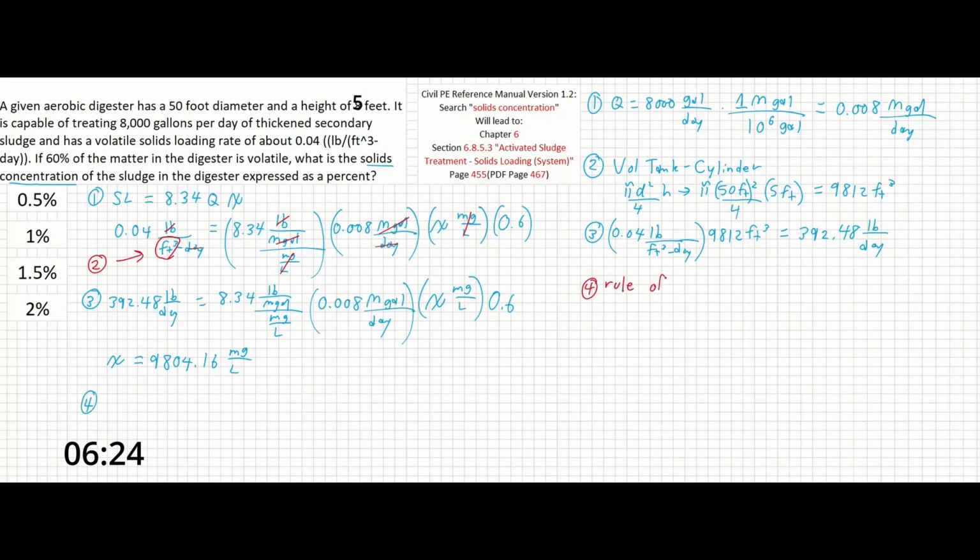We can use the rule of thumb to see that every 1% of solids concentration is equivalent to about 10,000 milligrams per liter. I'll expand on this in a second. For now, we can set it up like this. And since we have close to 10,000 milligrams per liter, we can see that our answer is about 1%.